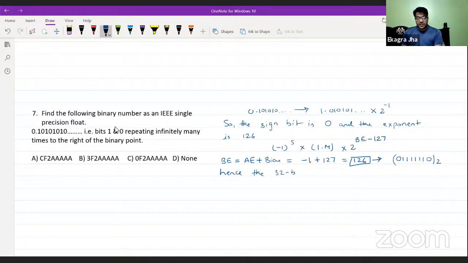Hence the 32-bit single precision floating point representation will look like this.